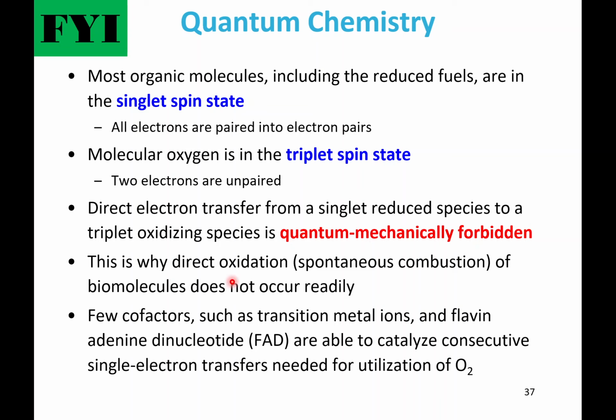And so that's why direct oxidation, the spontaneous combustion of these fuels, biomolecules, doesn't occur readily. So few cofactors, such as transition metal ions and flavin cofactors, are able to catalyze the consecutive single electron transfers needed for O2 to be able to be used as the ultimate electron acceptor.